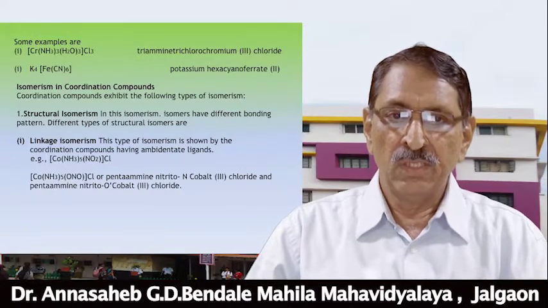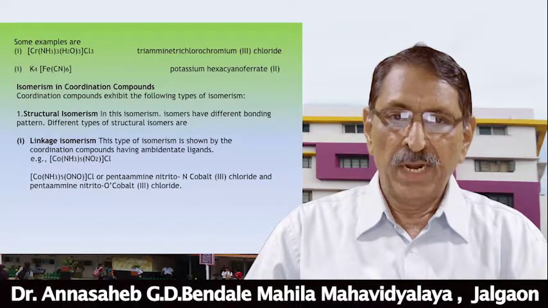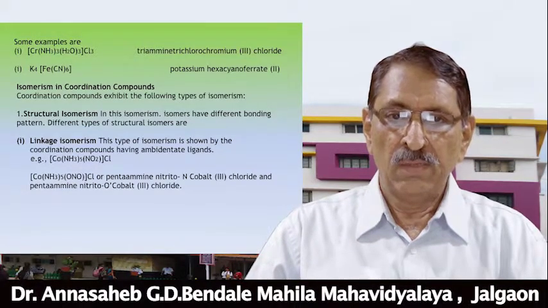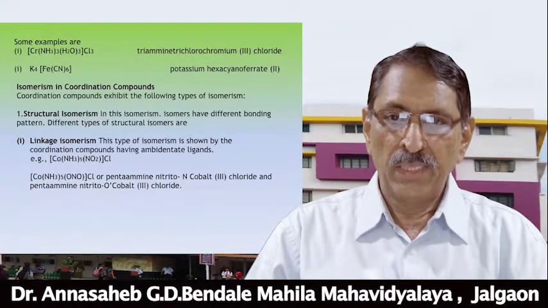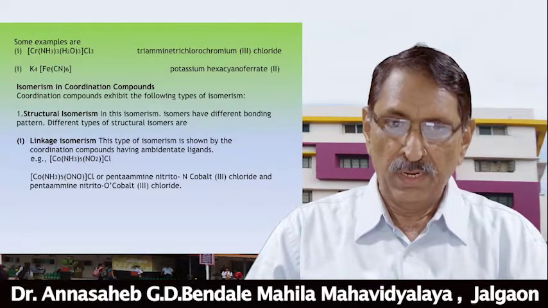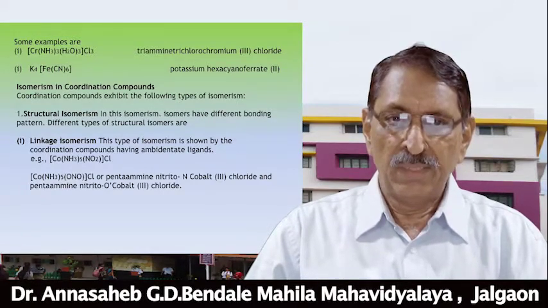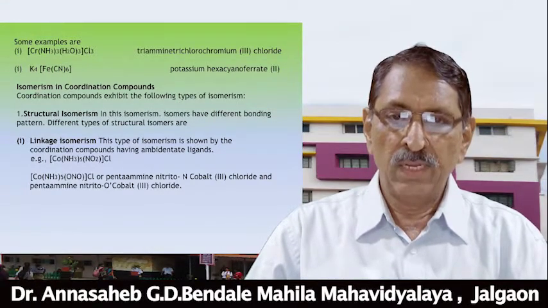Therefore this compound can also be written as pentaammine nitrito-N cobalt(III) chloride or pentaammine nitrito-O cobalt(III) chloride.